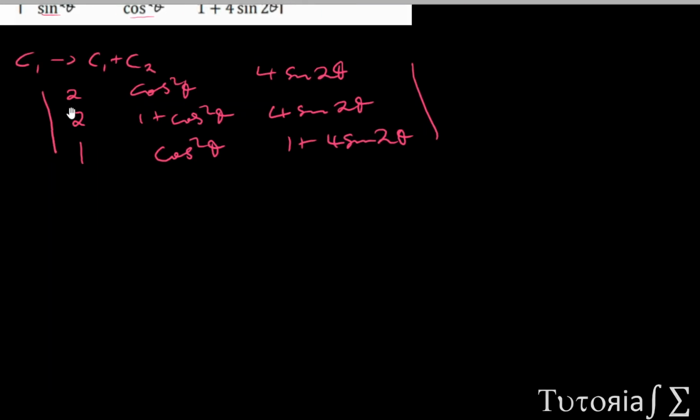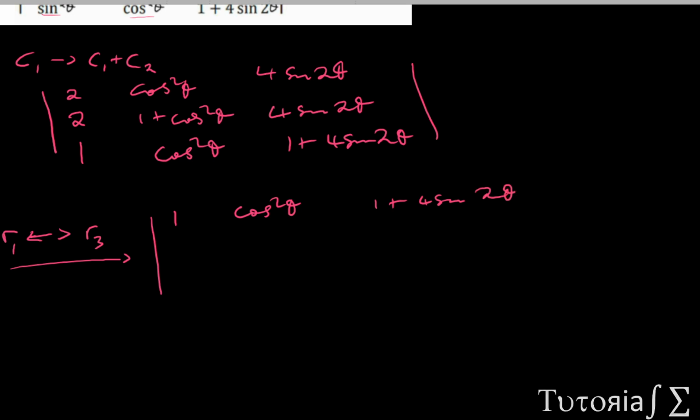So we can create a 0 here and here. We can create a 0 anywhere. So we'll use row operations. Let's create zeros here, so maybe let's swap row 1 and row 3. Swapping row 1 and row 3, we are going to have 1, cos squared theta, 1 plus 4 sine 2 theta.